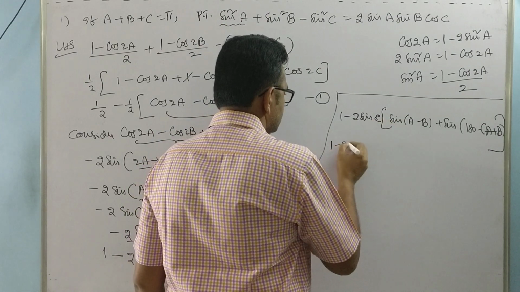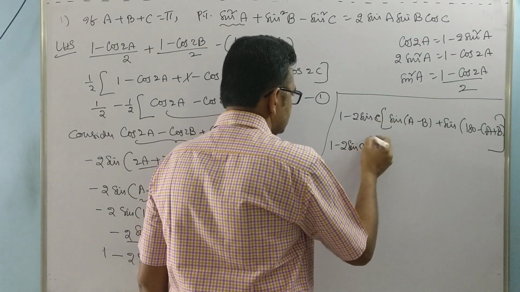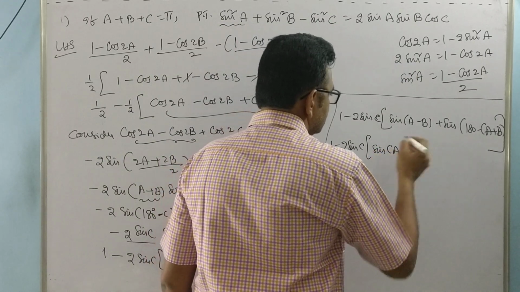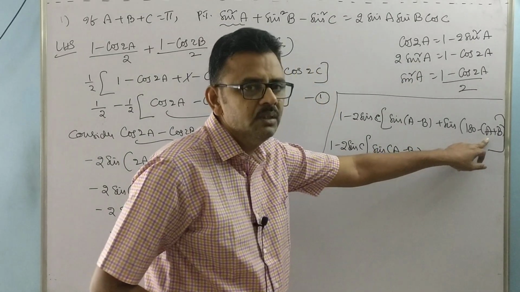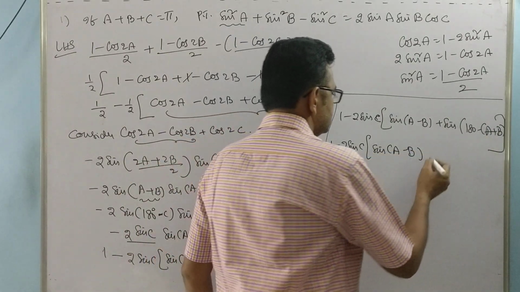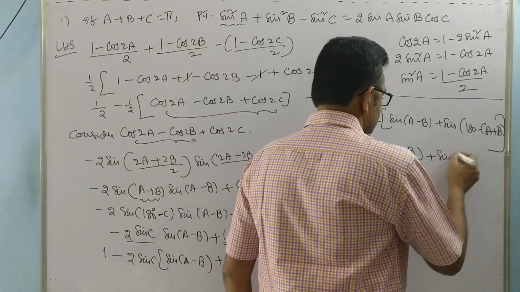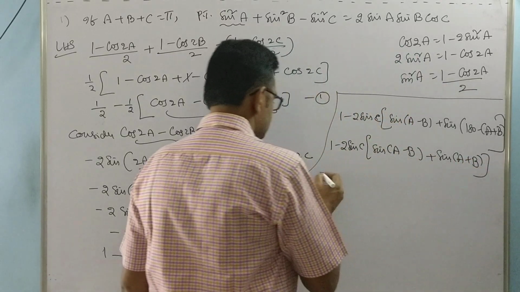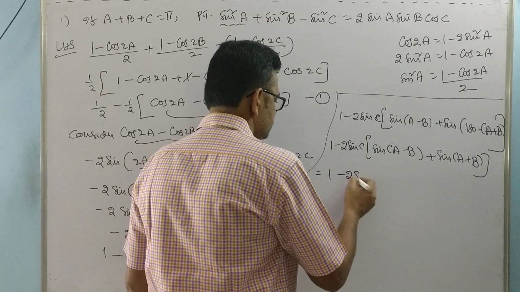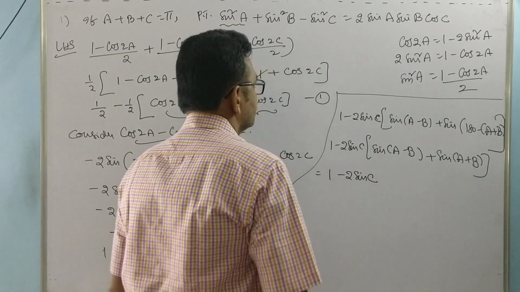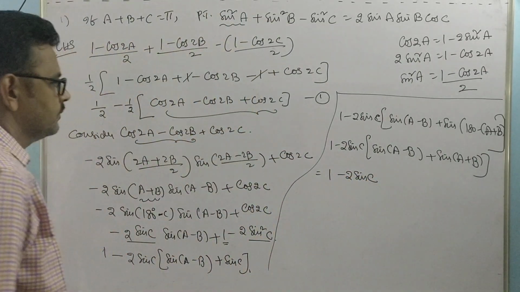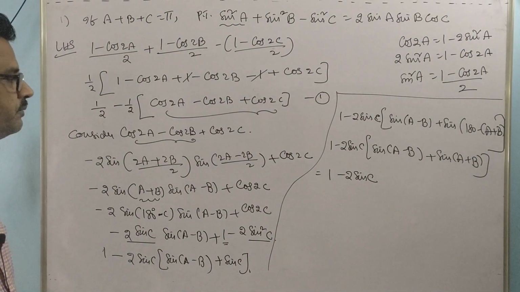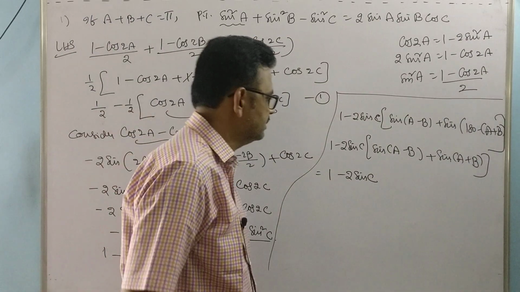So it is 1 minus 2 sin c into sin of a plus b plus sin of a minus b.